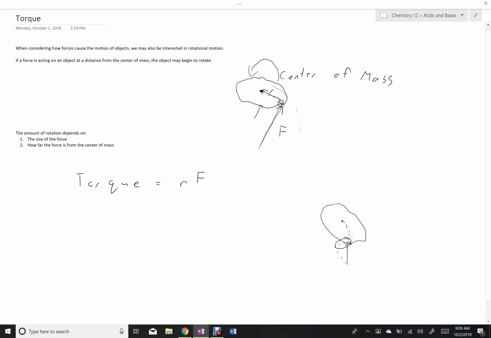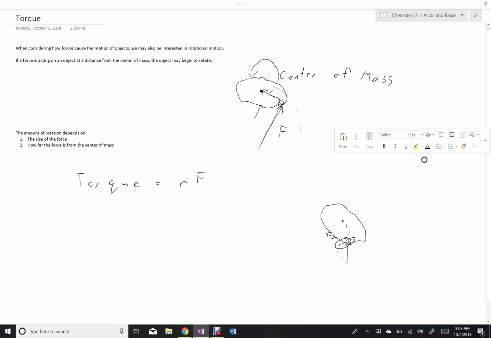Only this part here. This part is in line with the center of mass, so it's not going to cause any rotation. It's only this little part that's going perpendicular that's going to spin this object. So it's not simply the radius and the force, but it's the component of the force that's perpendicular to the distance to the center, or the part that can cause it to spin.